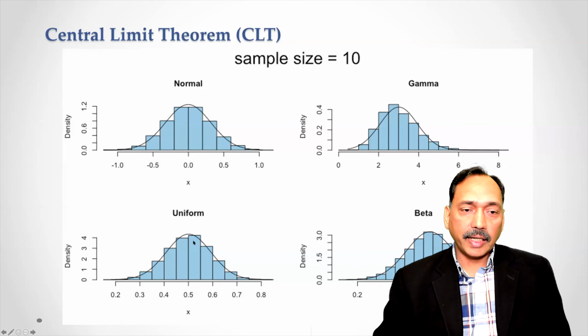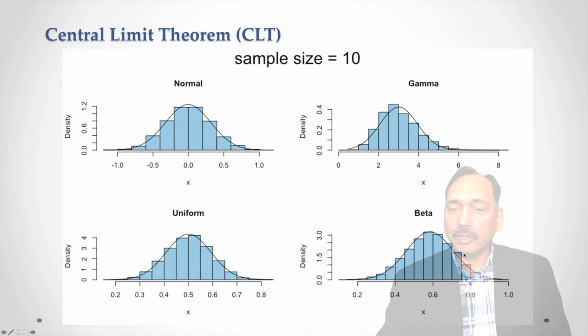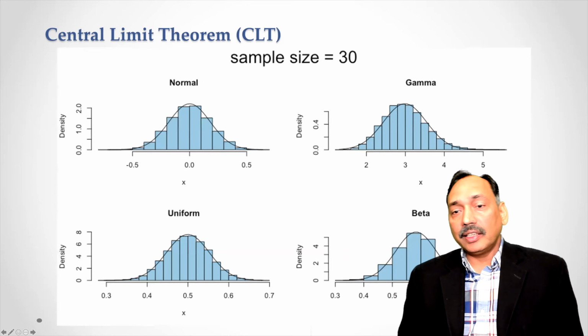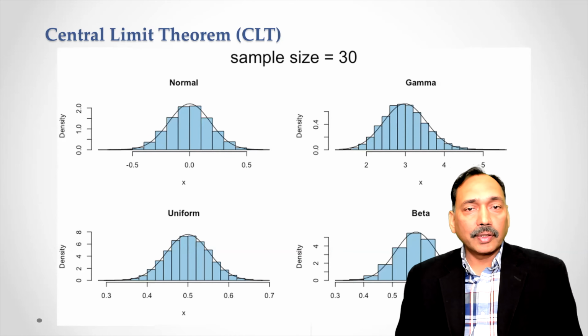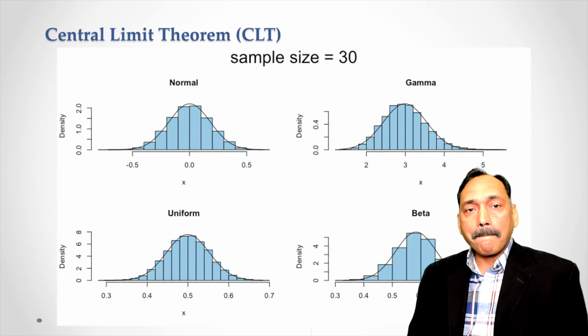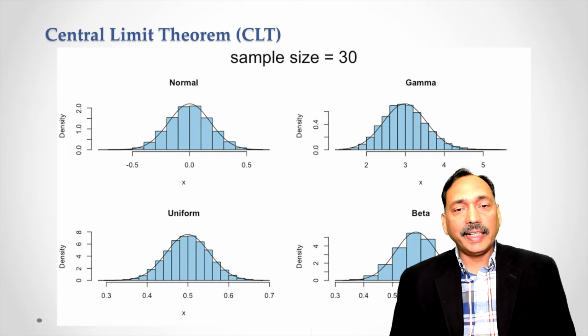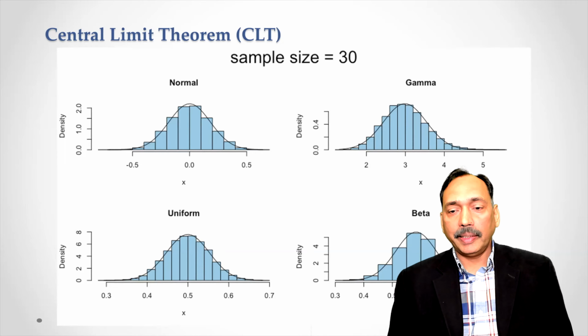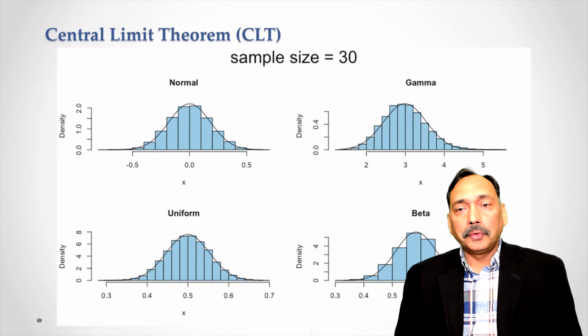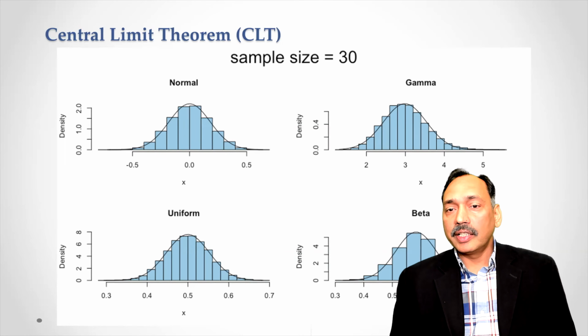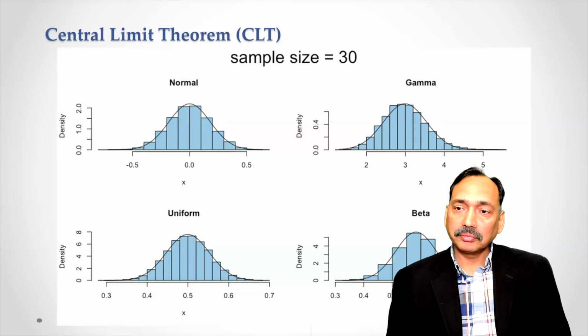Uniform already looks like a normal distribution. Beta also looks like normal distribution. In fact, beta was the strangest one out of 4, and it's already looking like a normal distribution. Same thing with 30. If you have samples of 30 repeated 1,000 times and you plot them, you see everybody looks the same now, more or less.